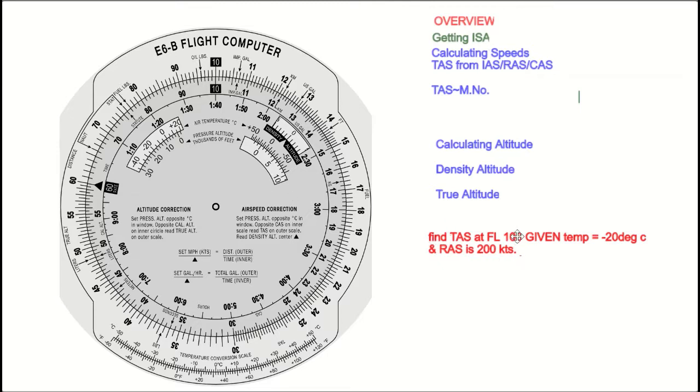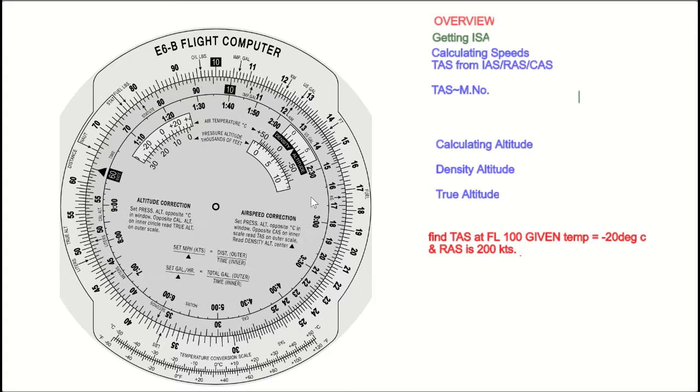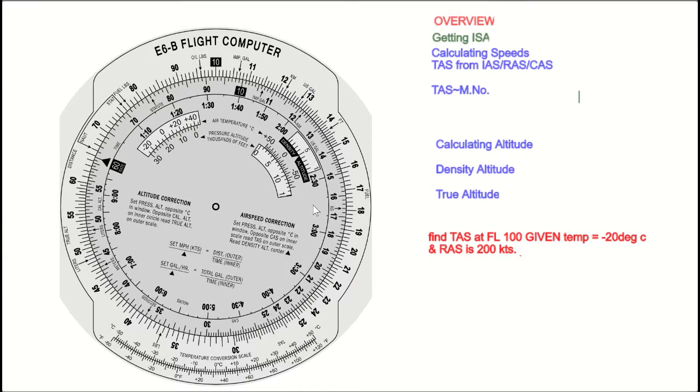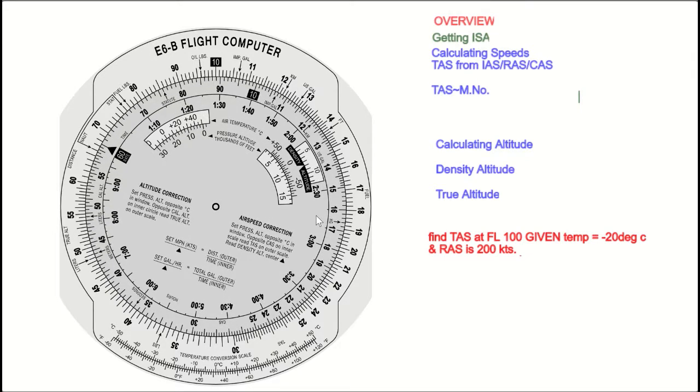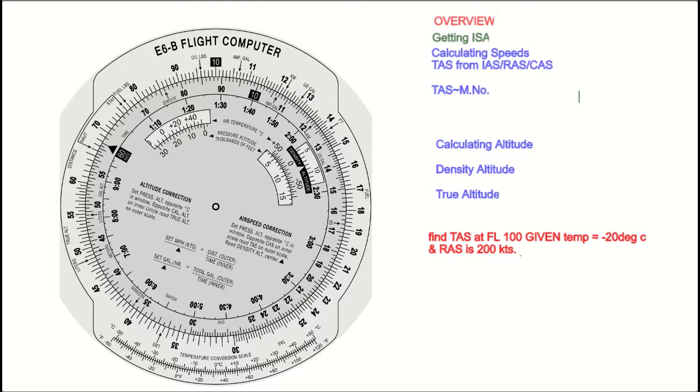Flight level 100 means pressure altitude of 10,000 feet. So I'll rotate this window to put minus 20 degrees on this scale against pressure altitude of 10,000 feet on the inner scale.